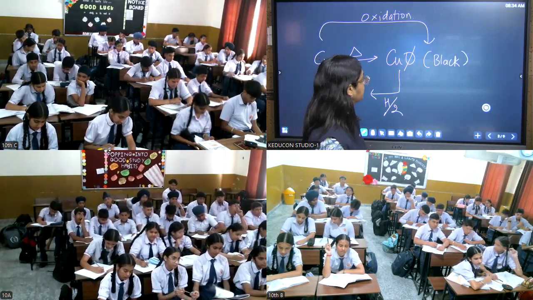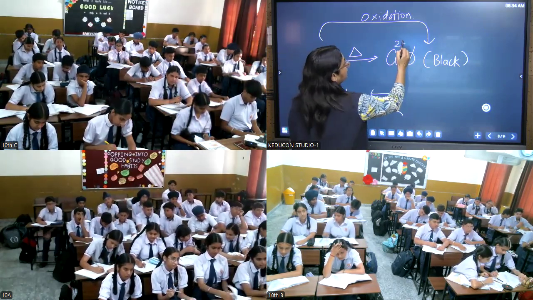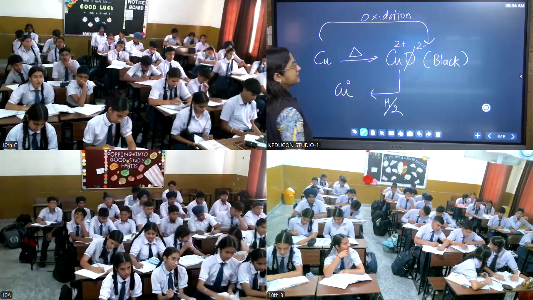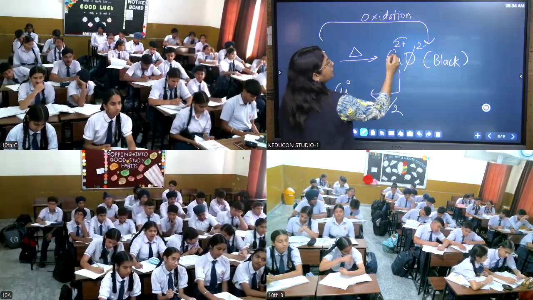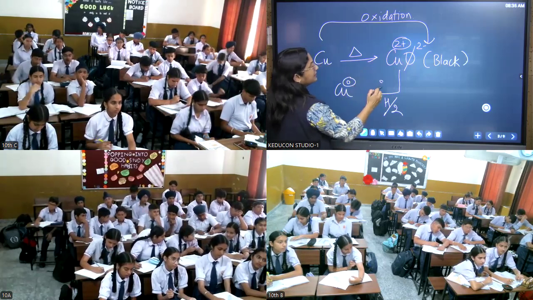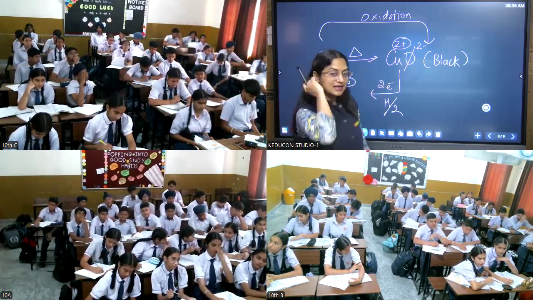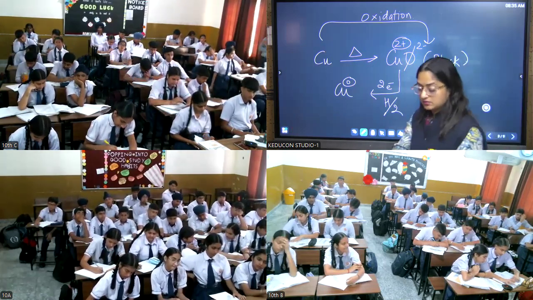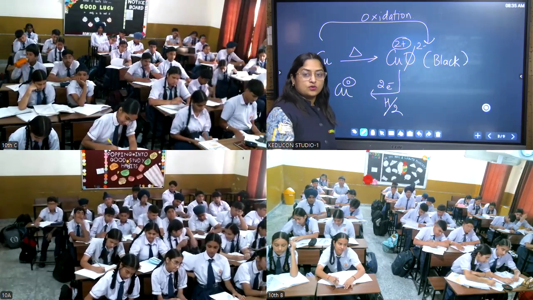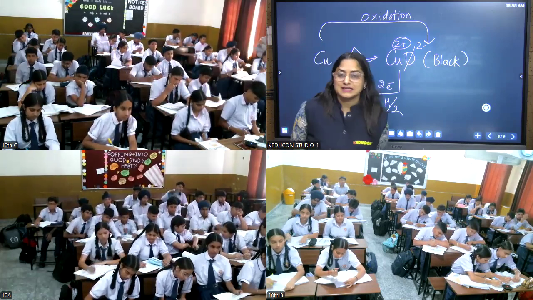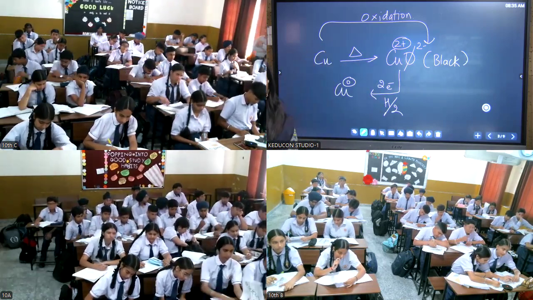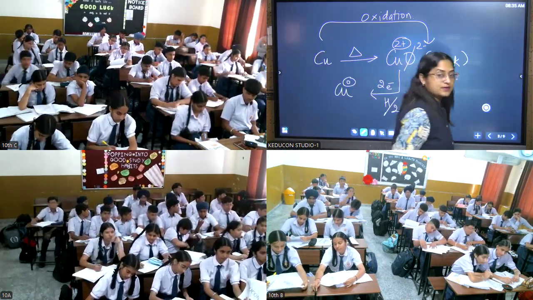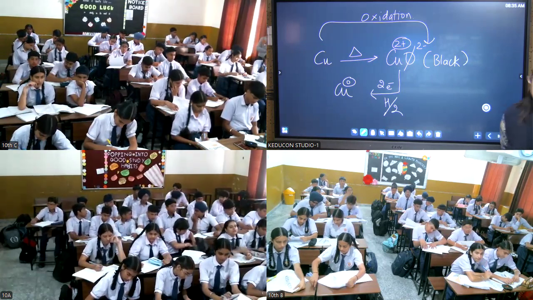Oxidation state की terms में, this is Cu 2 positive and O 2 negative, and here it is 0. So 2 positive से 0 तभी हो सकता है if it gains 2 electrons, and gain of electrons is called reduction. Write it down. So copper oxide to copper: this conversion is a process of reduction because the oxidation state of copper is getting reduced from 2 positive to 0.